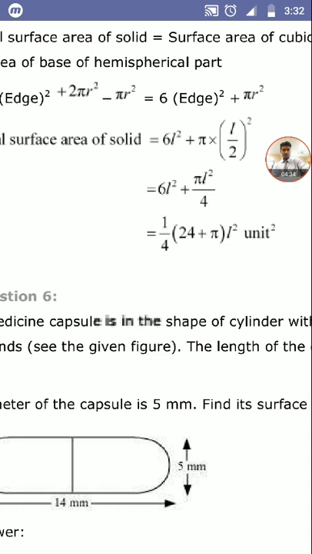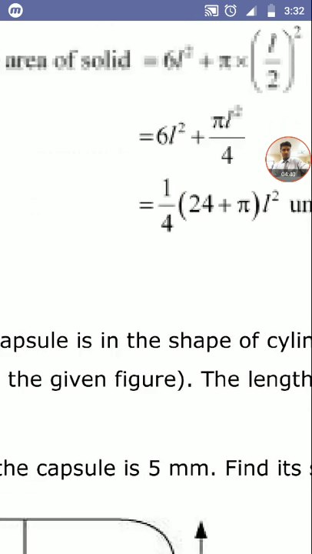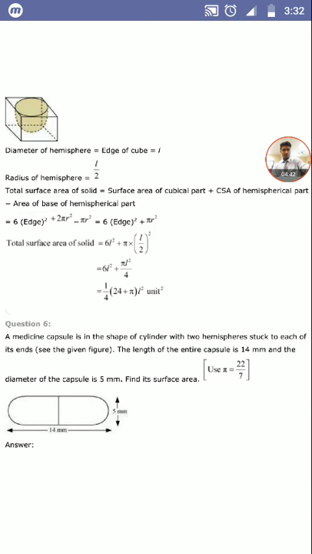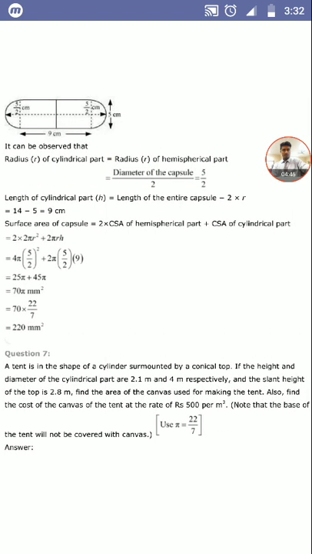So the lateral surface area of the cylinder and the lateral surface area of the hemispheres will give you the entire surface area. Okay, please pause the video and complete it, and after 2 or 3 seconds look at the solution which is out here. Okay, so your answer turns out to be 2220.